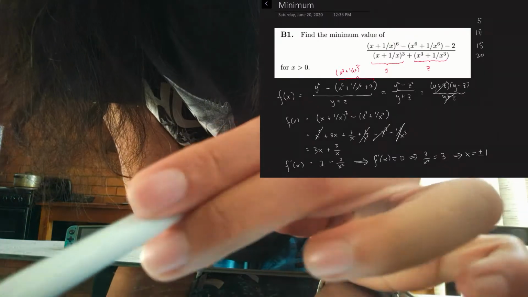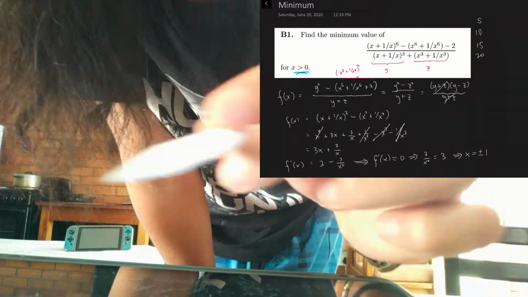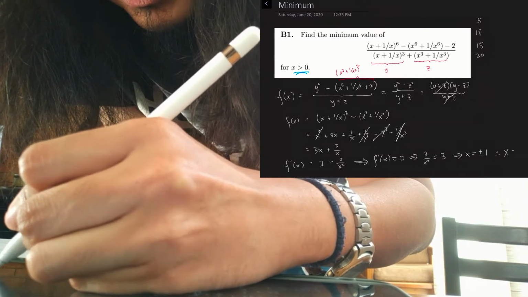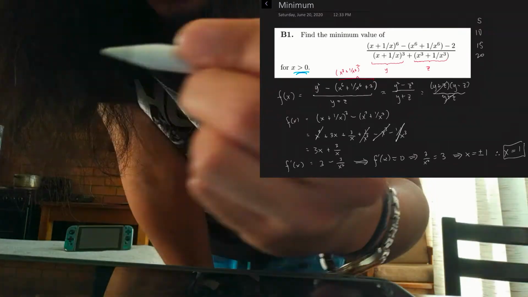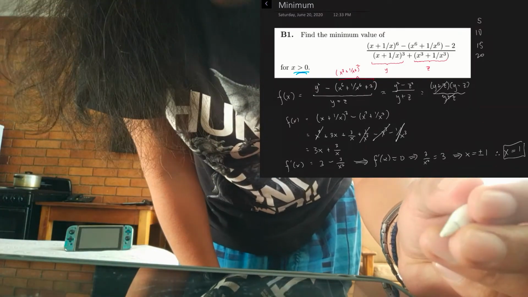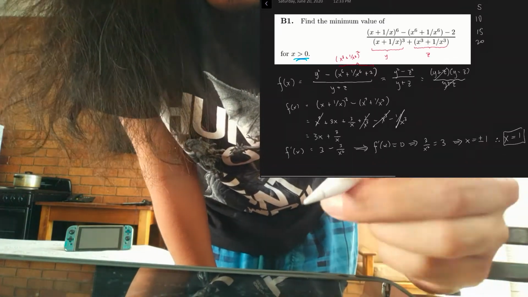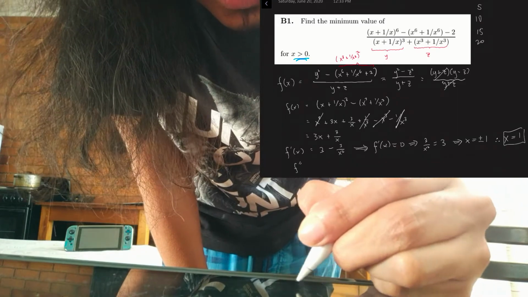But note that we want our x to be greater than 0, okay? So therefore, we take x equals 1. Does x equals 1 give you a maximum or a minimum? So what we do in order to check that is we take the second derivative.